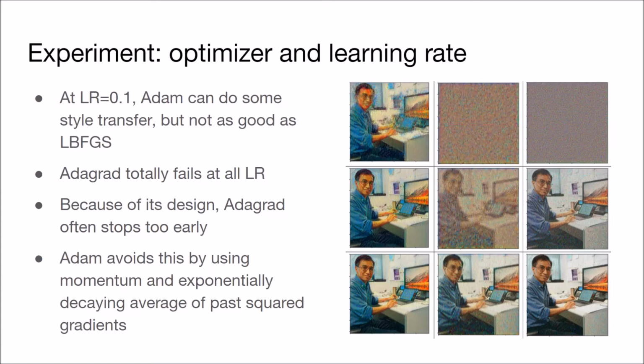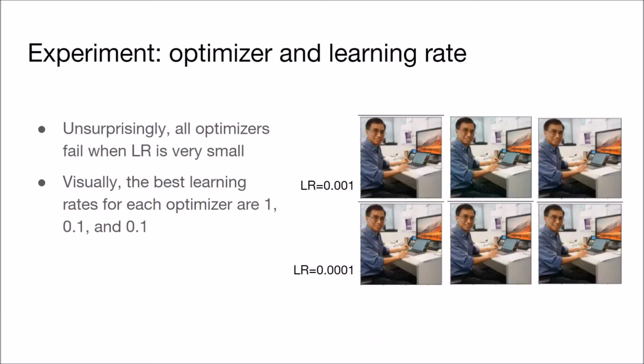Adam does better because it uses momentum as well as an exponentially decaying average of the past squared gradients, which allows it to adjust its learning rate, or rather adjust the weight changes more appropriately. And unsurprisingly, when the LR is very low, none of the models using any of the optimizers are able to do much style transfer at all.